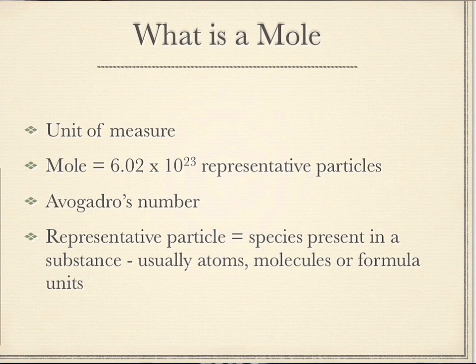That sounds kind of weird, but basically we're talking about atoms, if we're talking about individual atoms like iron and silver, or molecules, like water or methane, or formula units, if we're talking about things like sodium chloride and magnesium sulfate and so on.